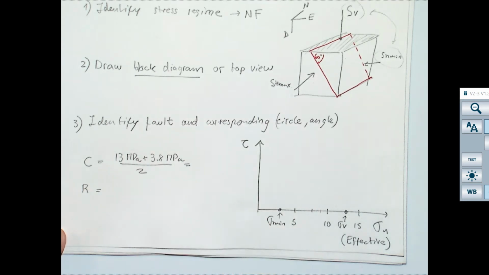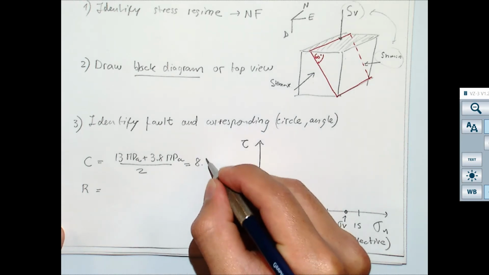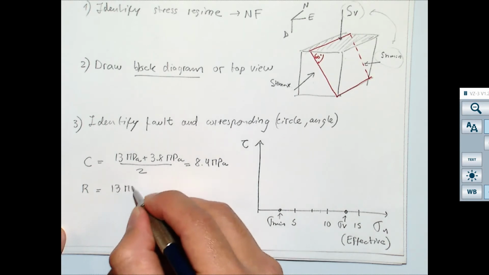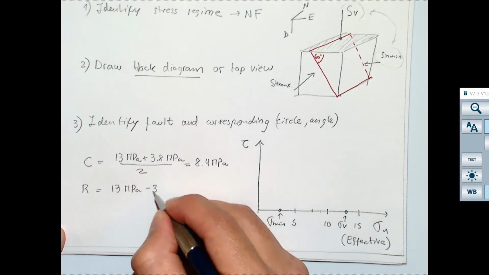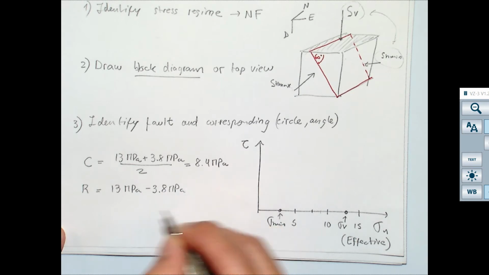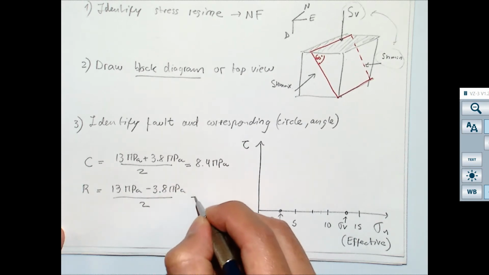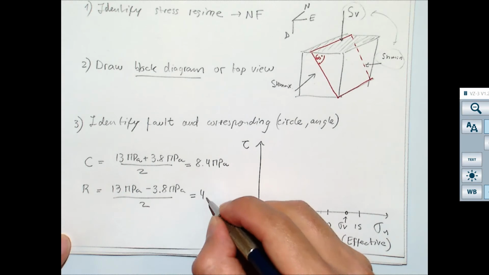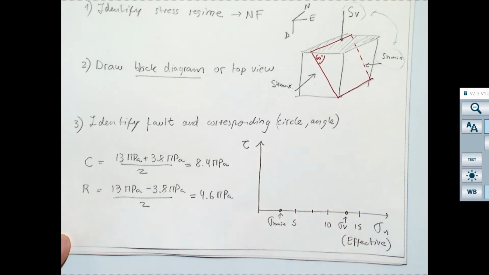And that's equal to 8.4 MPa. And the radius is going to be 13 MPa minus 3.8 MPa divided by 2. And that's going to be equal to 4.6 MPa.